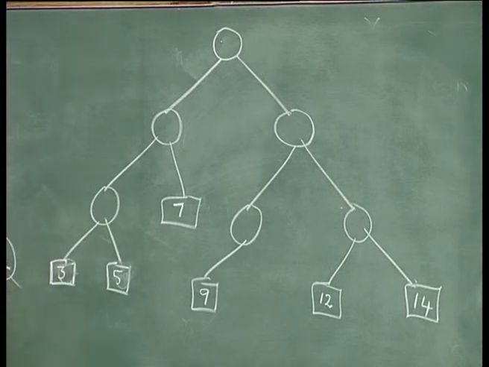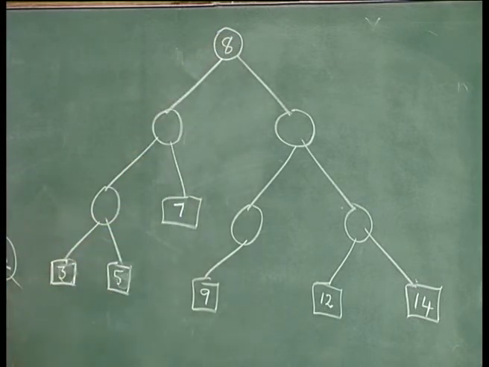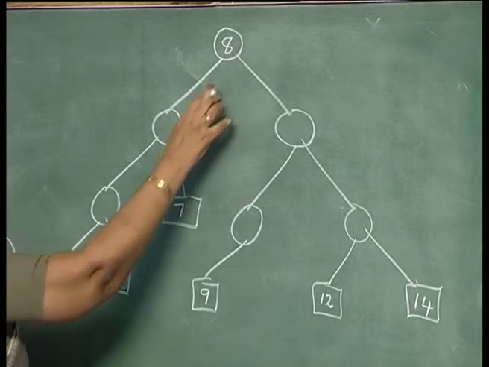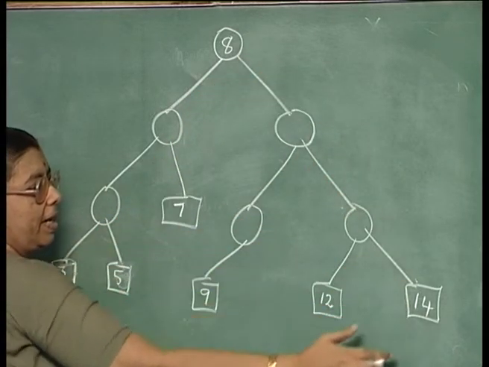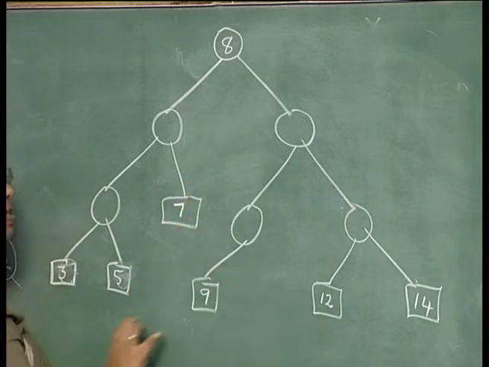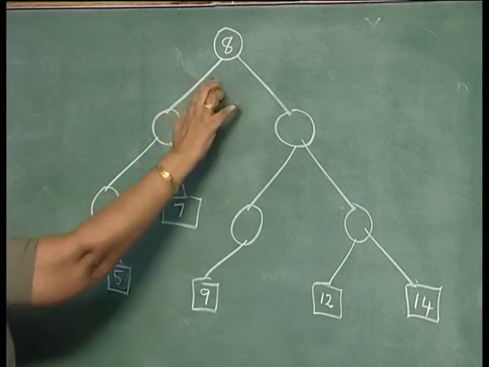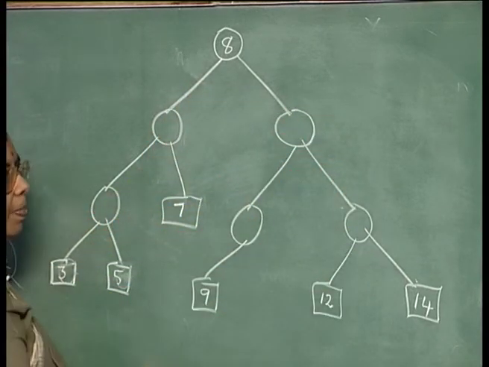The root will contain a discriminator. It could be something like 8. Now, all values greater than or equal to 8 will be stored in the right subtree. They are stored at the leaves.